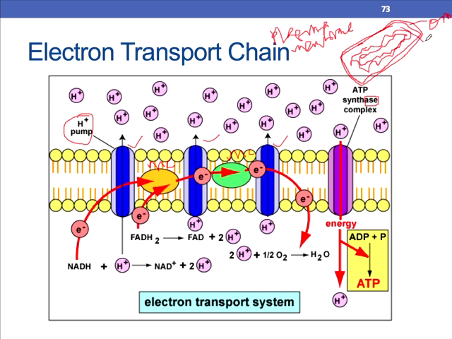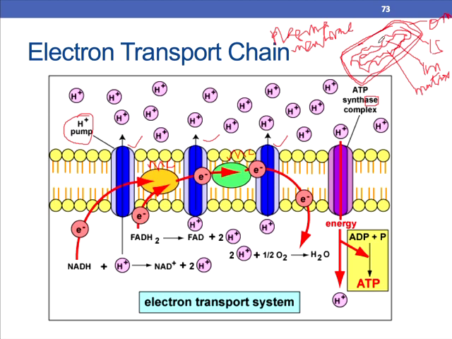Then we have the intermembrane space, IS, and then the inner membrane, IM, and in here you have the matrix. It is in the matrix that the Krebs cycle occurs.